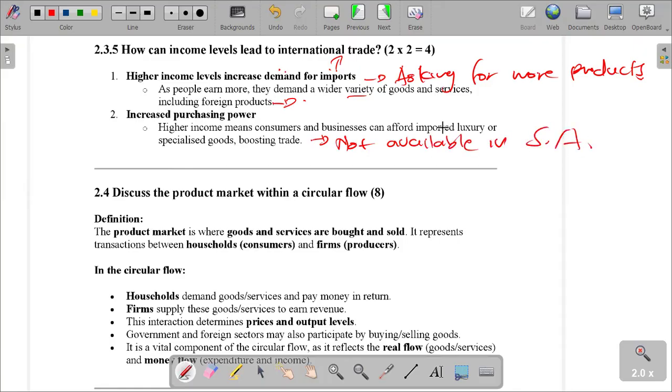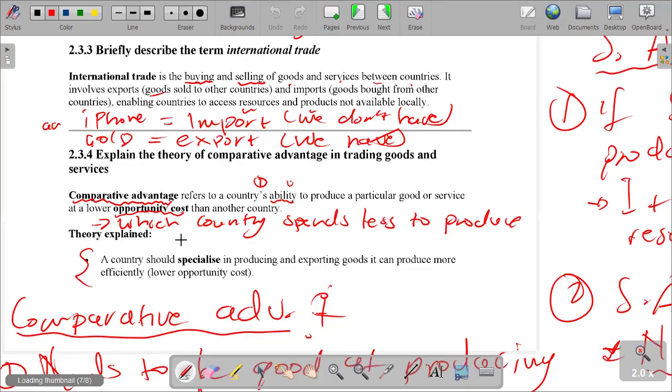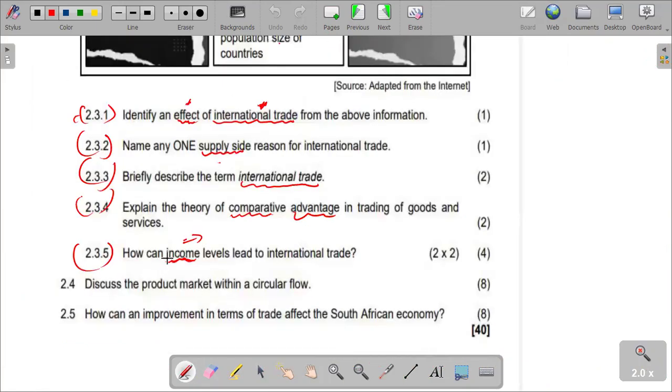So that's basically how income levels lead to international trade. People having more money will have a larger desire for products that might be unavailable in South Africa, right?